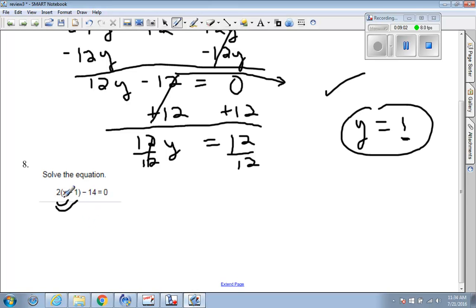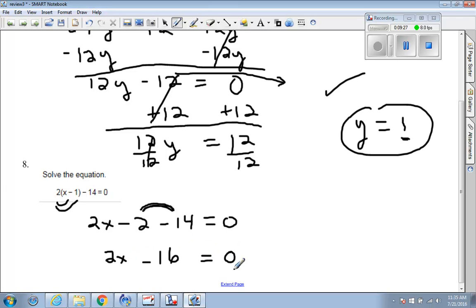We have distributive here, so 2x minus 2, notice that 2 times 1 is 2, then minus 14 equals 0. So by now you know that you're going to combine these like terms here. So negative 2 minus 14 is negative 16. Okay.